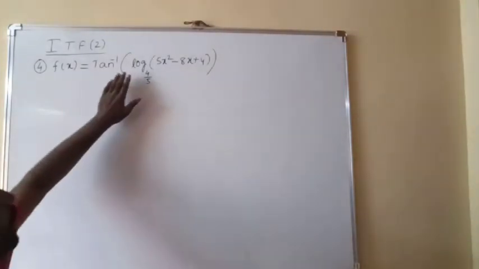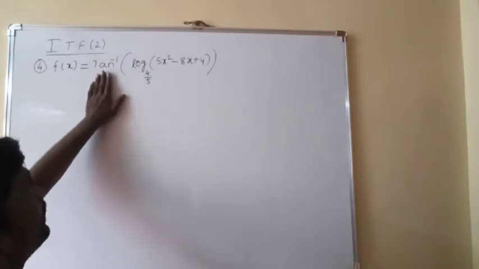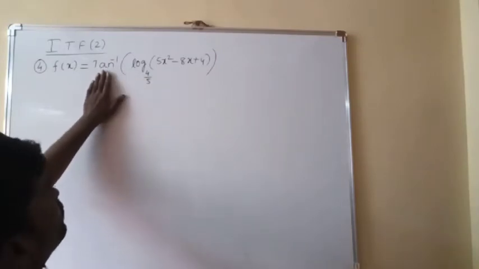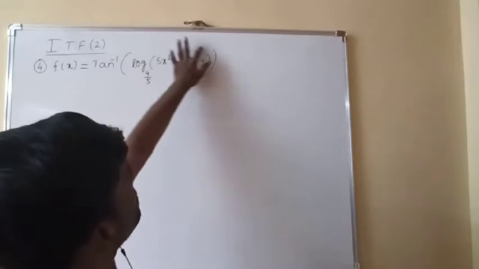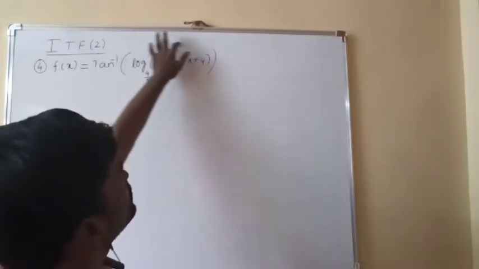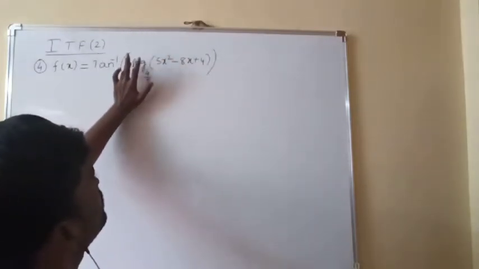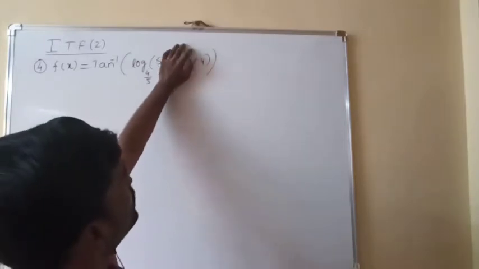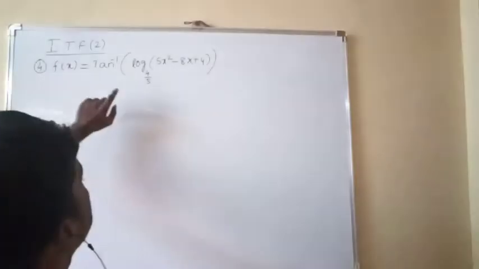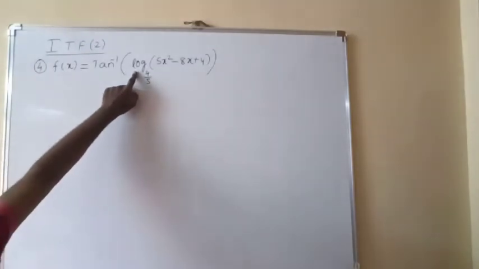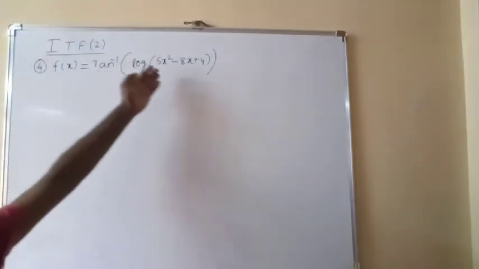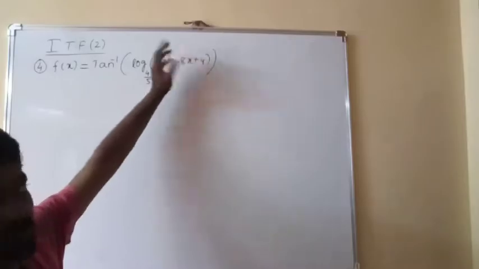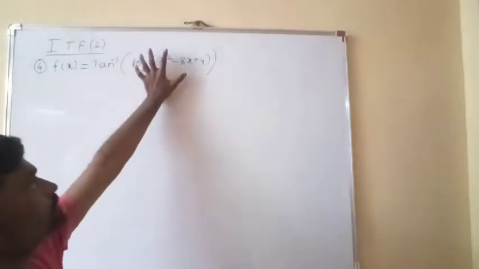Clearly this function is defined when the argument of this tan inverse is a real number. Tan inverse of something exists for any real number, but first the log function has to exist.